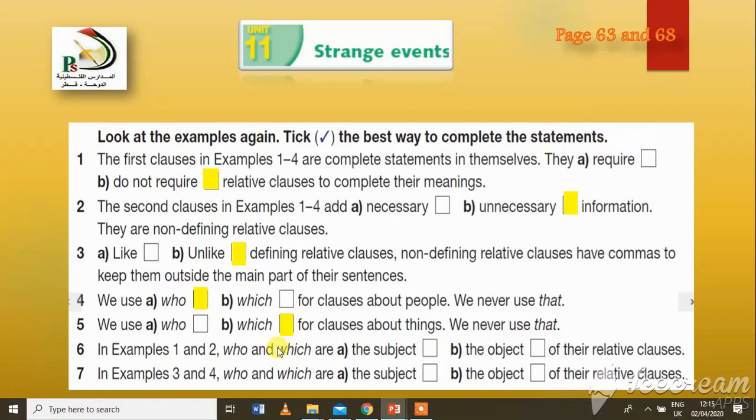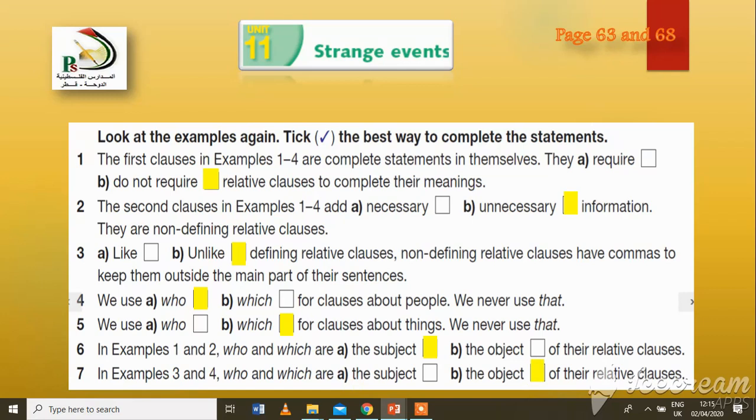Which. In examples 1 and 2, who and which are the subject or the object? Check it with me and then write the answer, which is the subject. But in 3 and 4, who and which are the object of the relative clause. See the difference between, again, I'm revising it for my students.